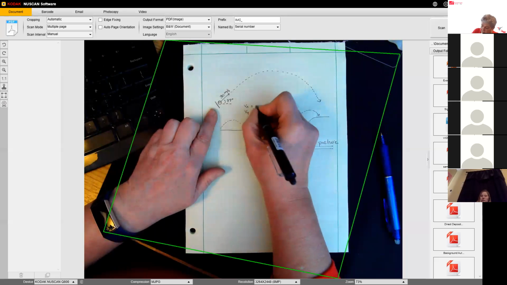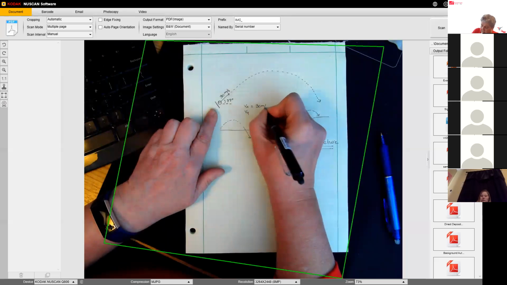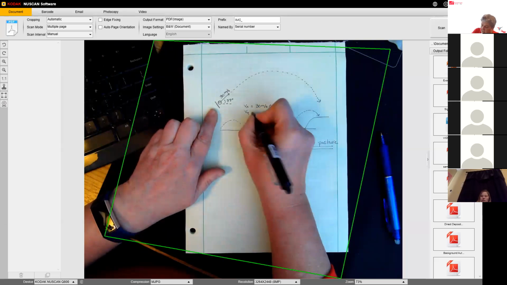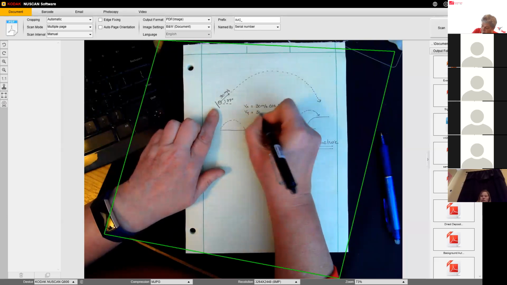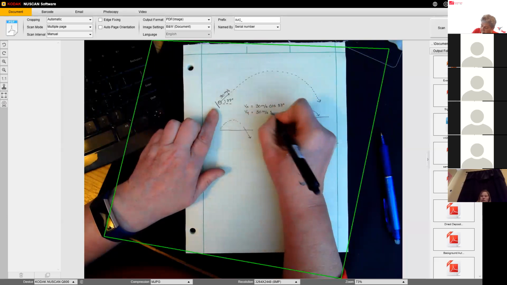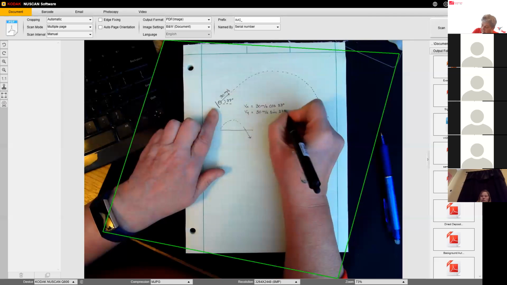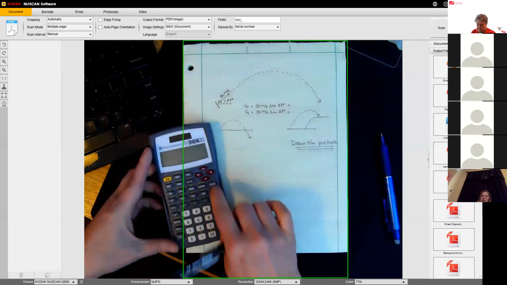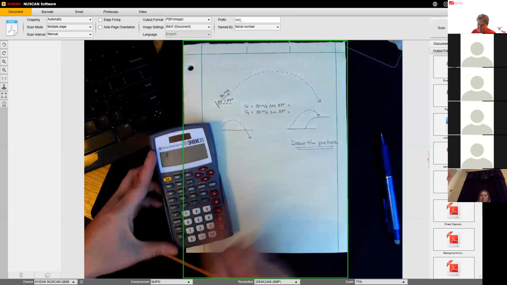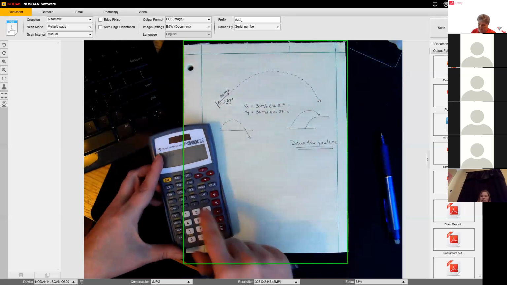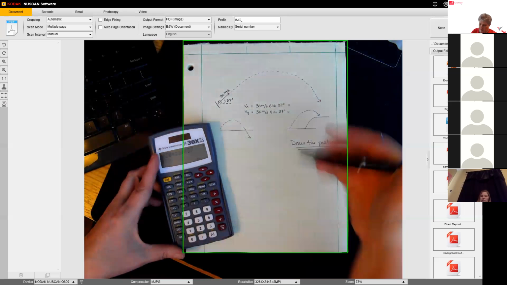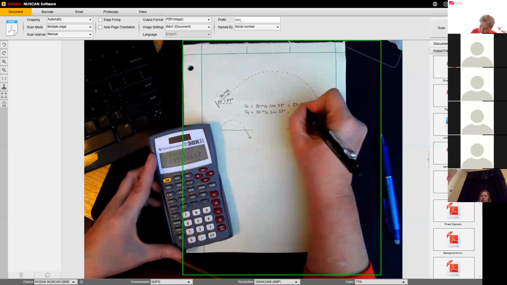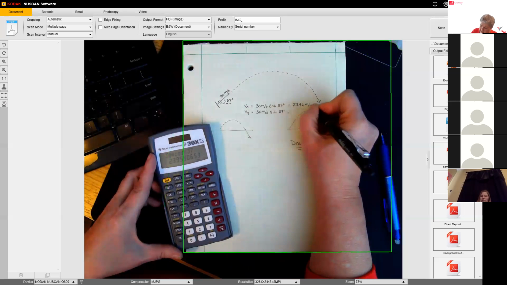So this is going to be 30 meters per second cosine of 37 degrees. This one is going to be 30 meters per second sine of 37 degrees. And if I go ahead and calculate that out, this is going to give me 23.96 meters per second.